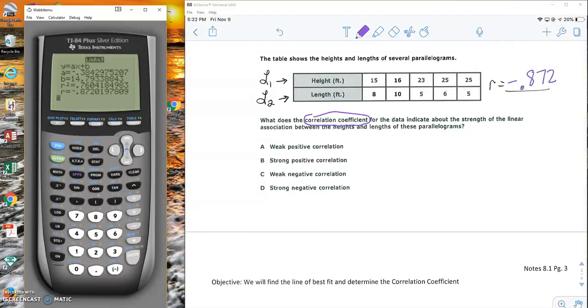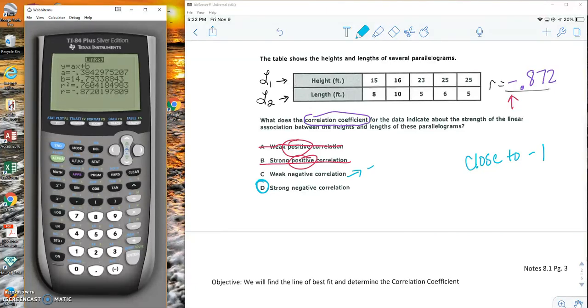-0.872. Now when I look at this, the negative means it can't be A or B because those answer choices have positive in them. So it can't be a positive correlation. It is negative. Now -0.8 is close to -1, which means it is a strong negative correlation.